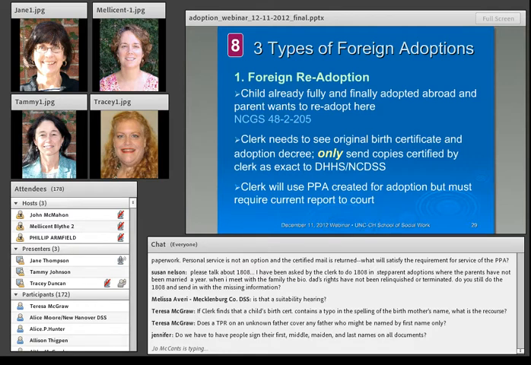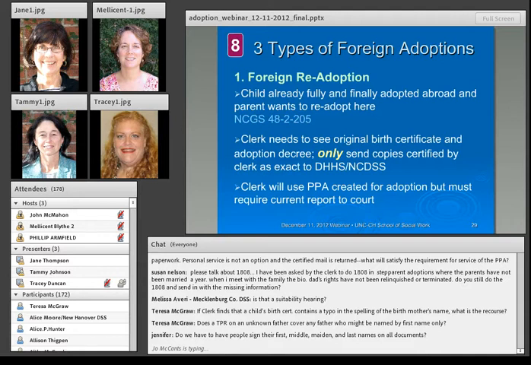They will come in, and of course they will file the petition, and they will have the original birth certificate and adoption decree from the foreign country. Those are the only ones they have, and they're not getting any more. If they are lost or destroyed, they're really out of luck.